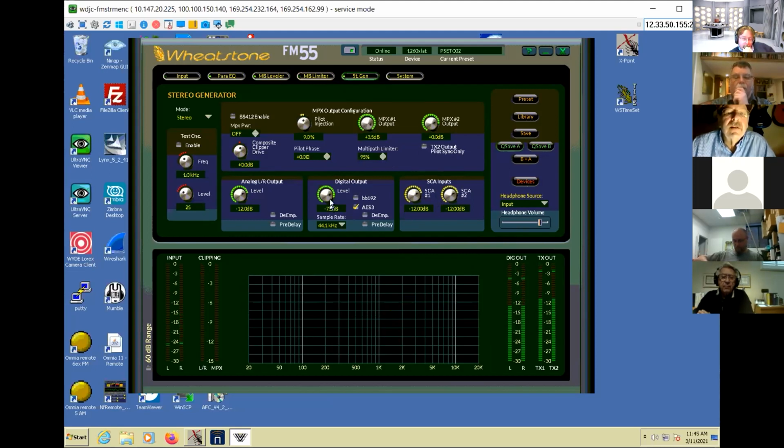Digital output level, that's if you're driving AES, which I am. I'm driving a Broadcast Warehouse, or a BW Broadcast. This is actually for one of our translators, one of the AM translators. Gosh, I've forgotten the power. But anyway, it's a smaller unit, and this thing just works like a champ.